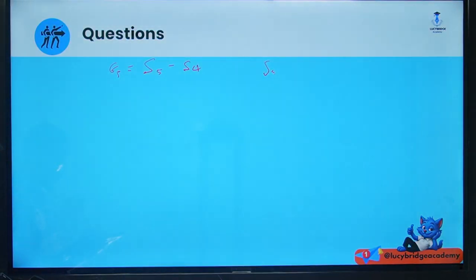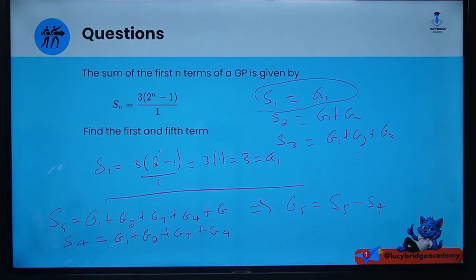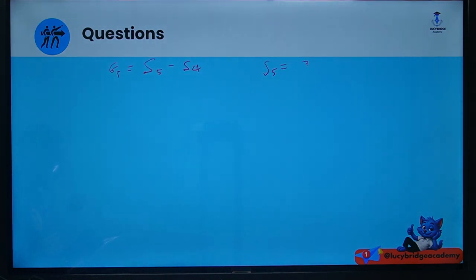S5, using the given formula, is 3 times (2 to the power of n minus 1) over 1. I know that n is 5, so 3 times (2 to the power of 5 minus 1).